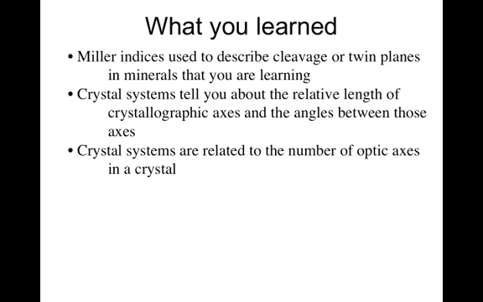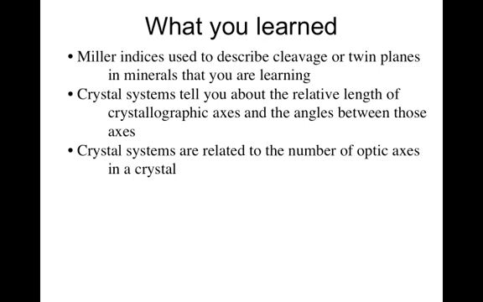So what you learned in this module is that Miller indices can be used to describe the orientation of the cleavage or twin planes in minerals that you're learning. The crystal systems tell you about the relative length of the crystallographic axes and the angles between those axes. And the crystal systems are related to the number of optic axes in a crystal. And that's why I had labeled biaxial, uniaxial next to those crystal systems.